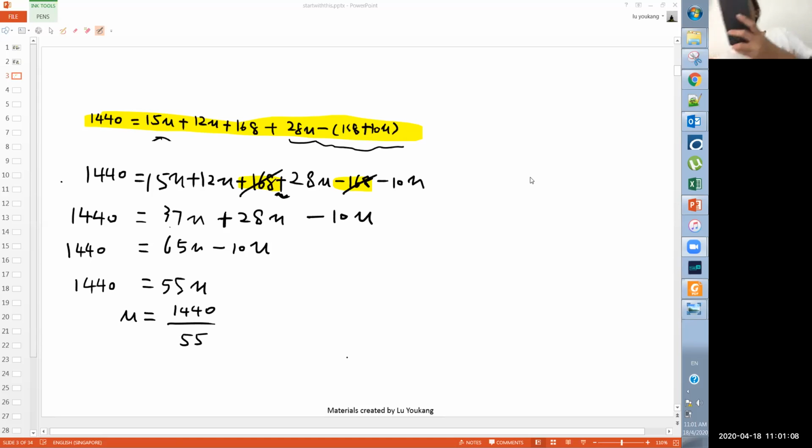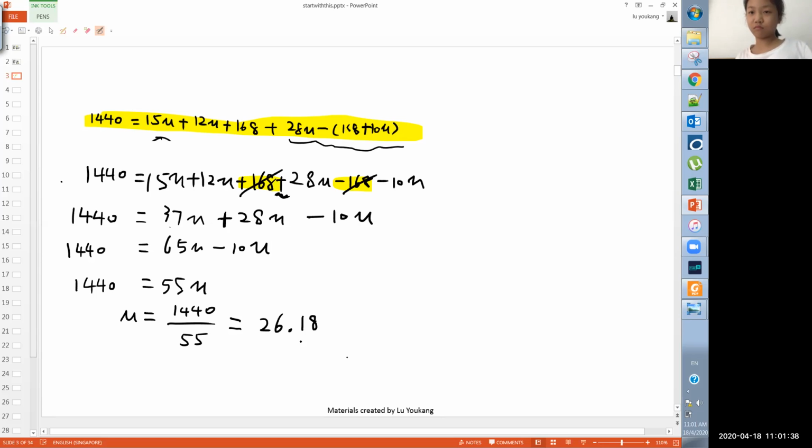Low battery. 啊，就是无电咯，不够电。OK，anyway，我这边已经有答案了，所以我拿到的答案是1440除以55。So you will see that I have 26.18.